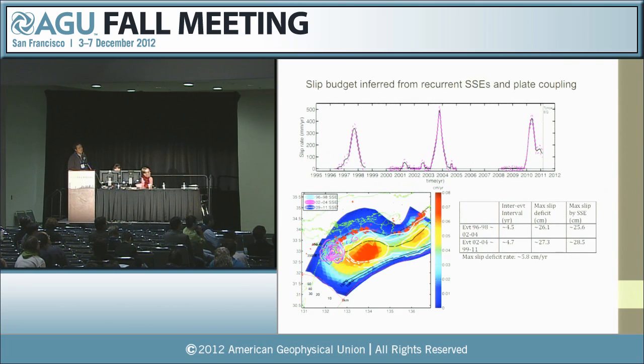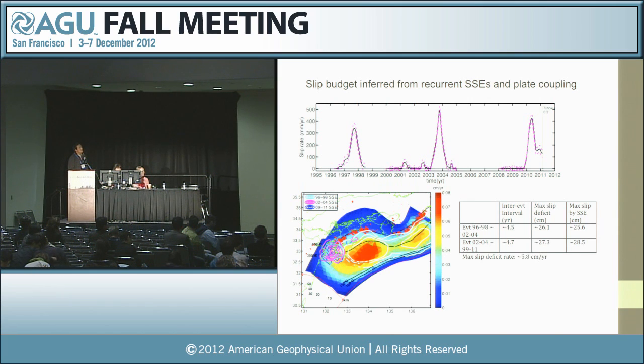So we can put them together to try to get the slip budget based on those recurrent slip events. Also, the detailed version of the slip history gives us a better capability to look at the recurrence intervals. We basically get the slip events between those three events, with a recurrence interval of 4.6 years, and all three events are located in the down-dip transition zone, actually partly overlapping a strong coupling area.